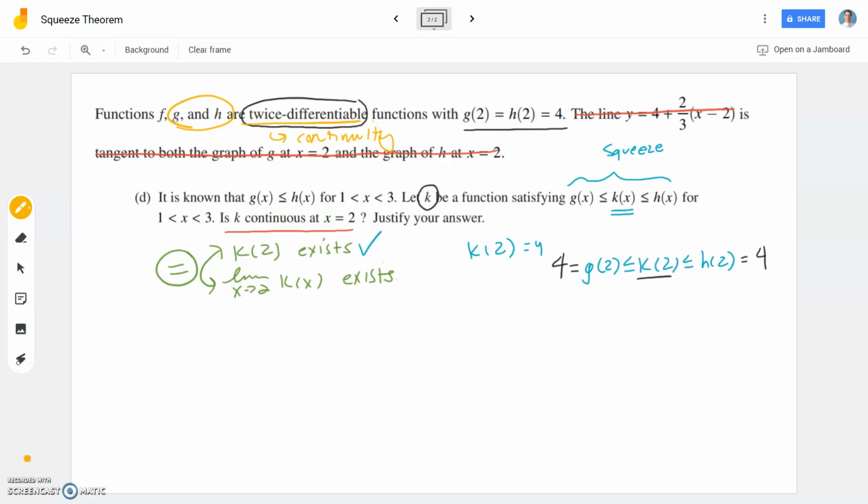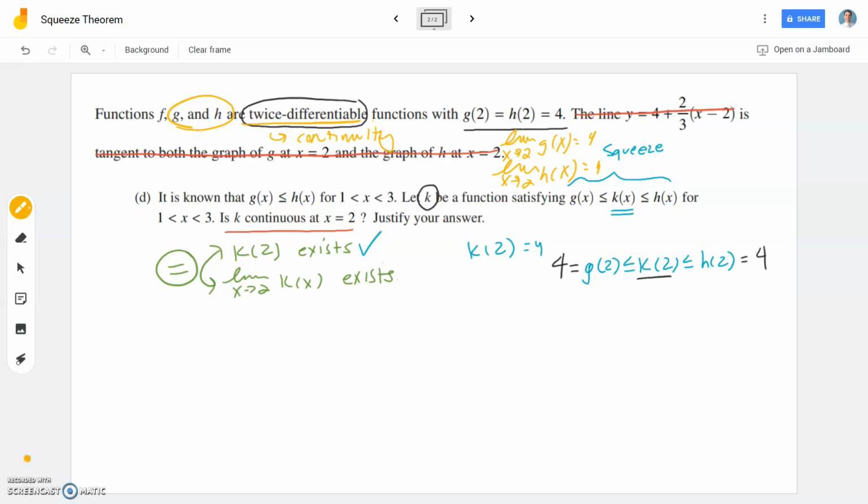And if g and h are both continuous at 2, well then not only must their function values be equal to 4, but their limits must be equal to 4. So the limit as x approaches 2 of g of x must be 4, because that's g of 2, and the limit as x approaches 2 of h of x must also be 4.